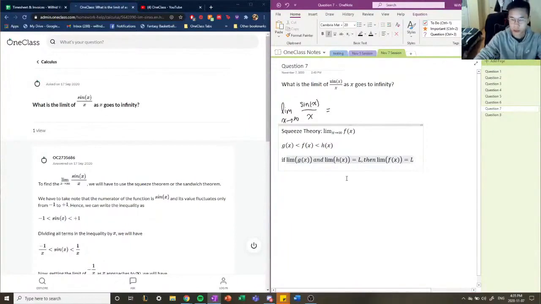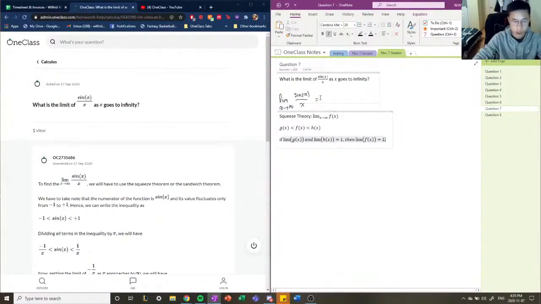So this is what the squeeze theorem suggests, okay? So we can use this theorem to help solve this limit, right?